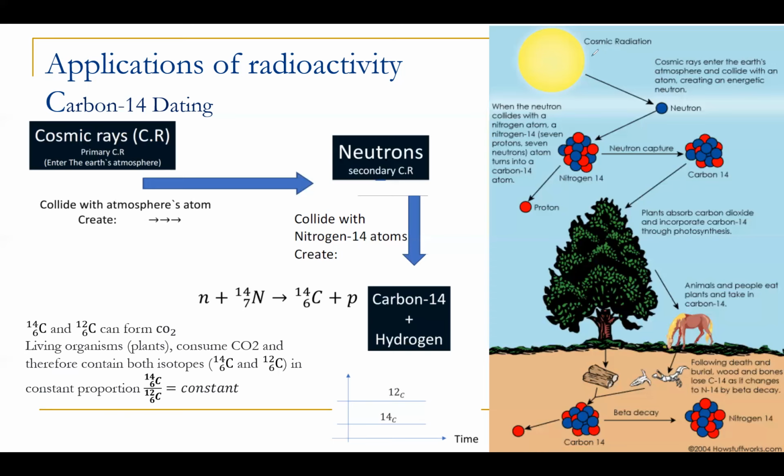In general, about 86% of this cosmic ray is protons, 2% is helium, and there are many other heavy particles. These particles collide with the atmosphere's atoms to create neutrons. So the neutron is created by the bombardment, by the collision of the primary cosmic ray with the atmosphere's atoms.